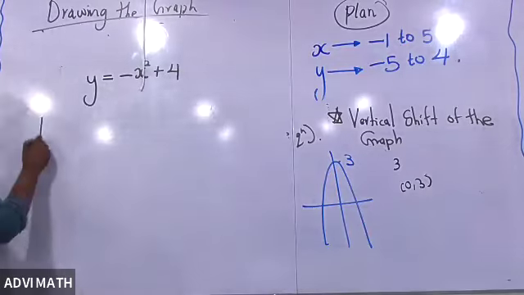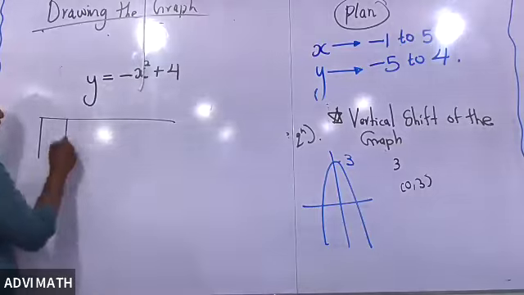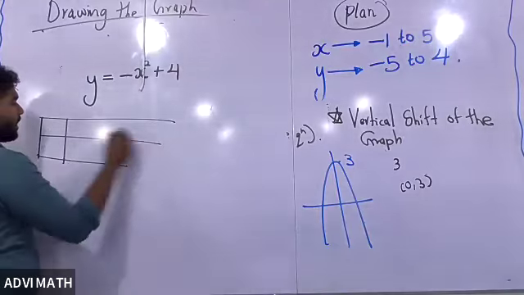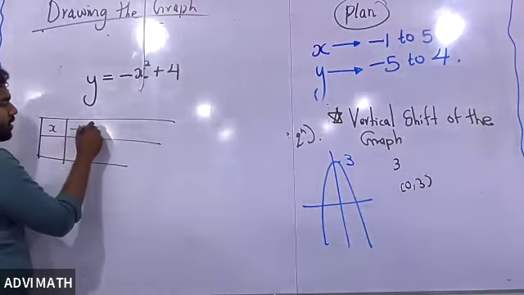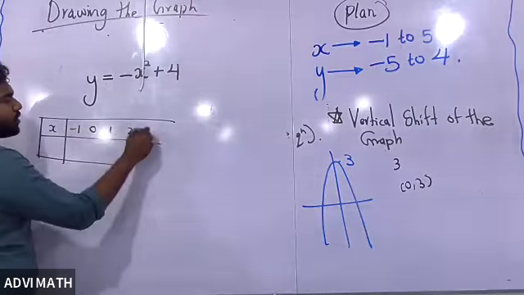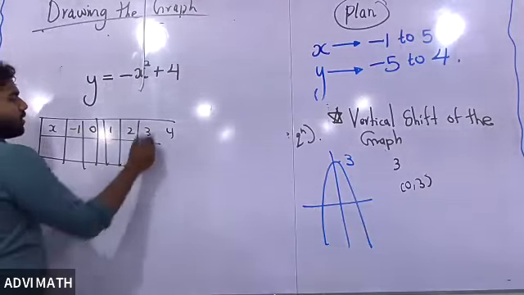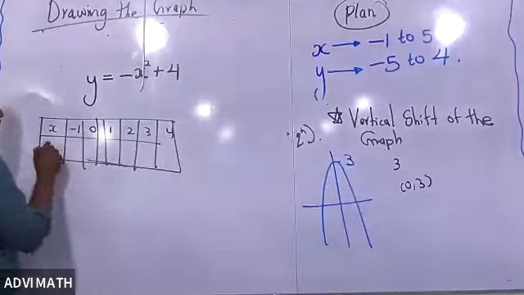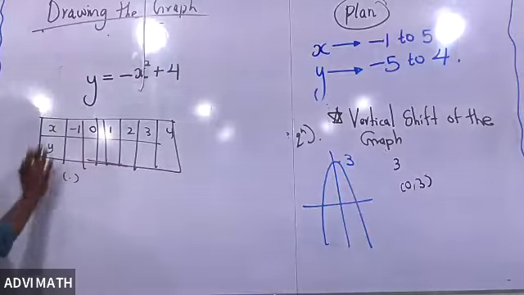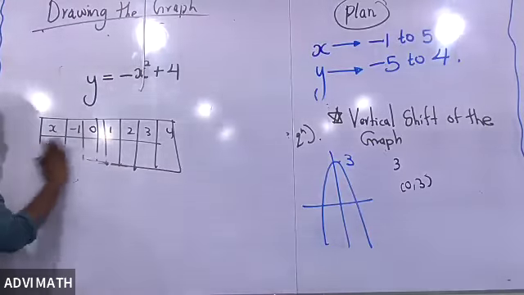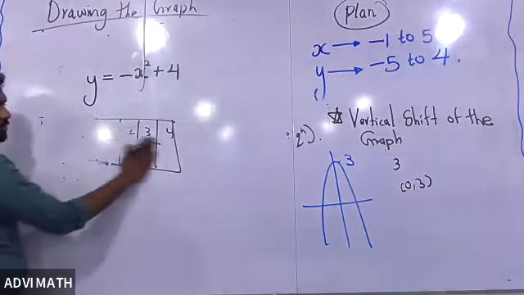I need to draw a table. I need to get all the values for x: -1, 0, 1, 2, 3, 4. I need to get a few coordinates. Then only I can draw the graph and get the answer. I can draw this graph roughly.